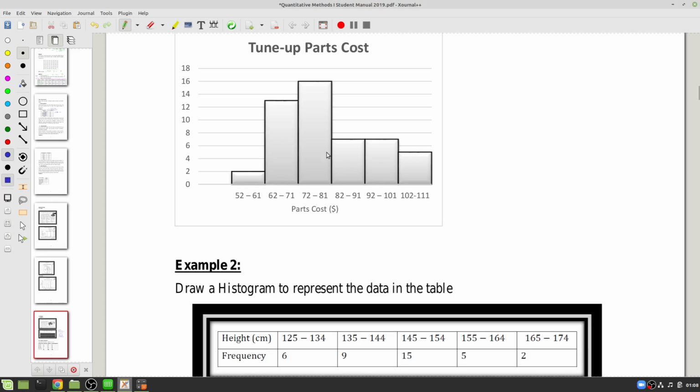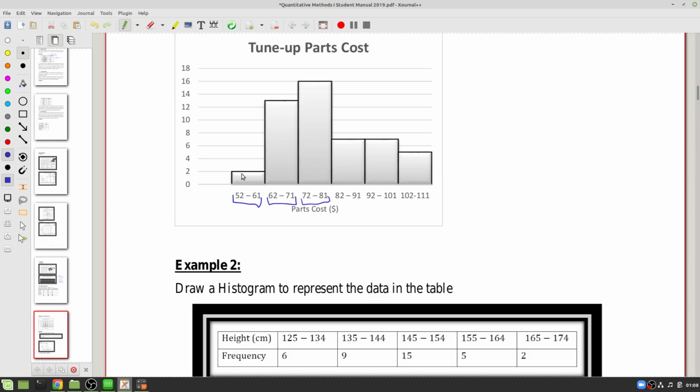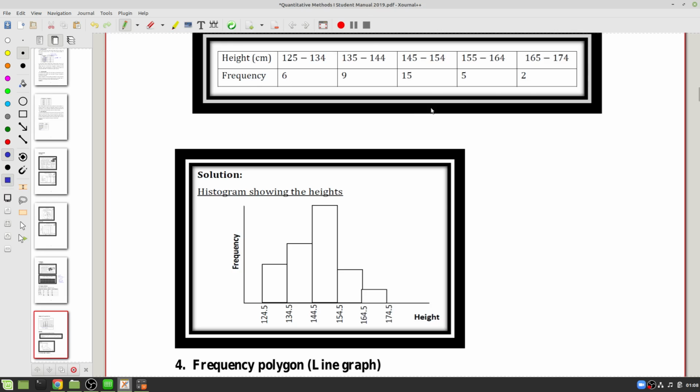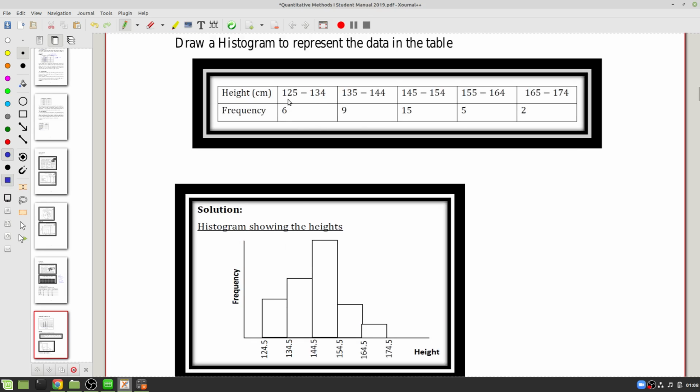Histogram for tune-up parts. Here we see we've got an interval as our name, intervals for each one, and no gaps between the bars, so that's why it's a histogram. And over here this is just our frequency again. So draw a histogram of this. This will be our lower and upper bounds.